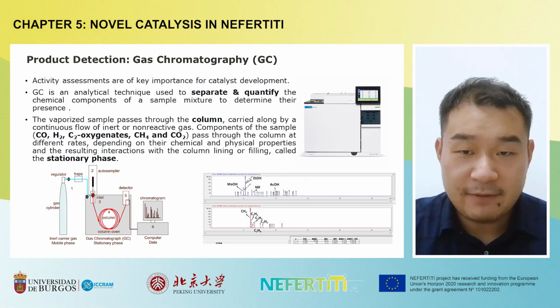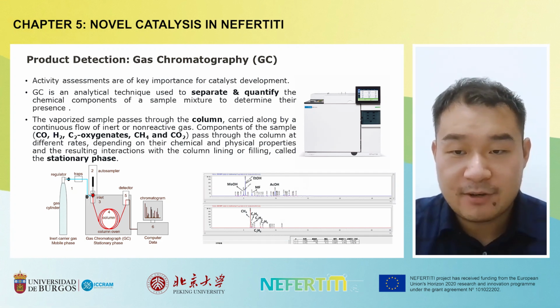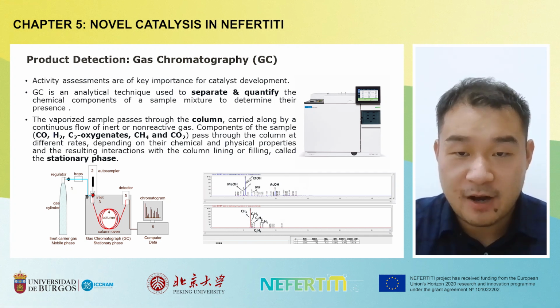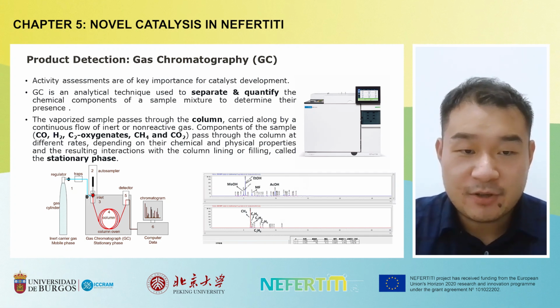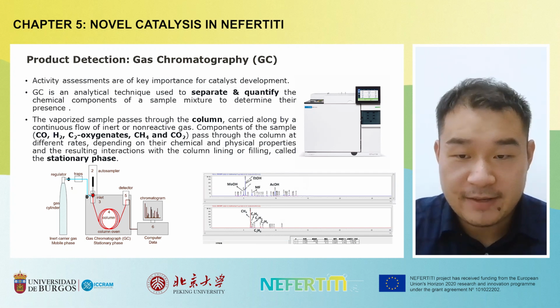So here the components of the sample include unreacted carbon monoxide, hydrogen, and C2 oxygenates, which are vaporized, and some byproducts including methane and carbon dioxide pass through the column at different rates depending on their chemical and physical properties and the resulting interactions with the column filling, which is called the stationary phase.